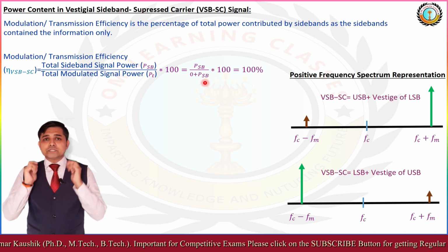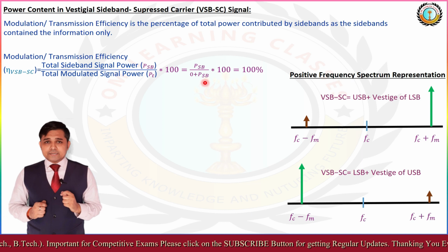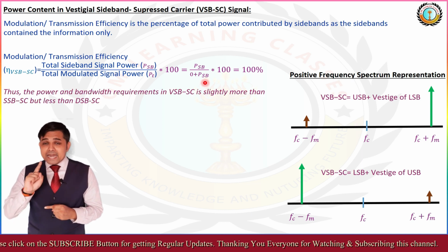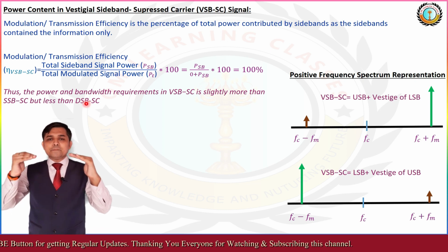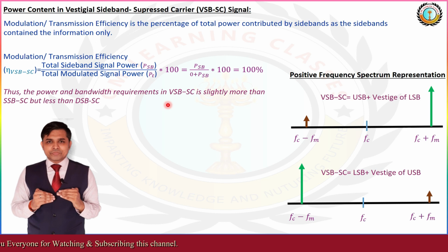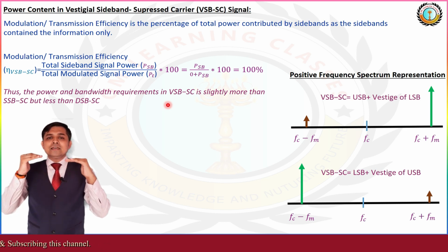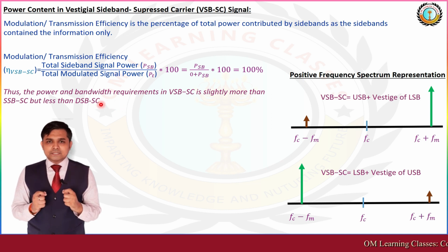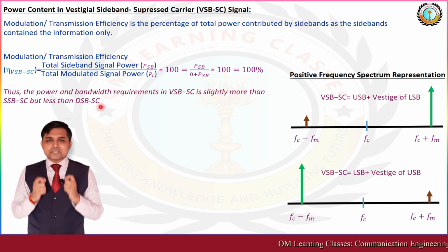If we conclude this power content, the power and bandwidth requirement of the VSBSC modulation scheme is slightly larger than SSBSC, but less than DSBSC.